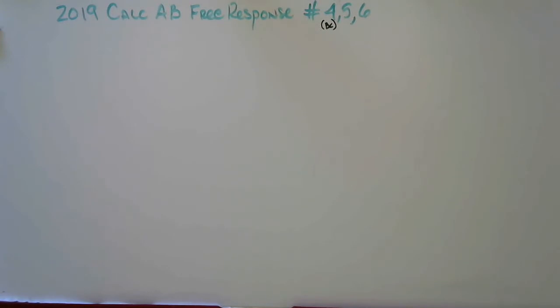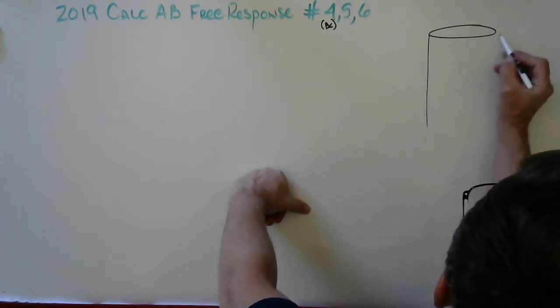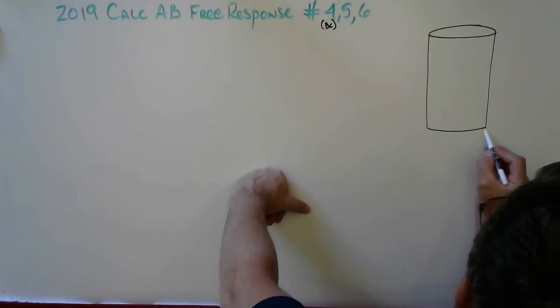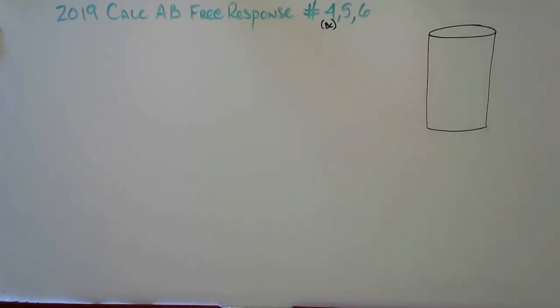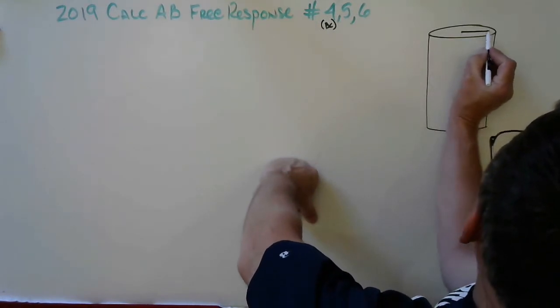Question 4 says a cylindrical barrel with a diameter of 2 feet contains collected rainwater as shown in the figure above. So we have a cylindrical barrel. The diameter is 2 feet, so we want to be careful with that.